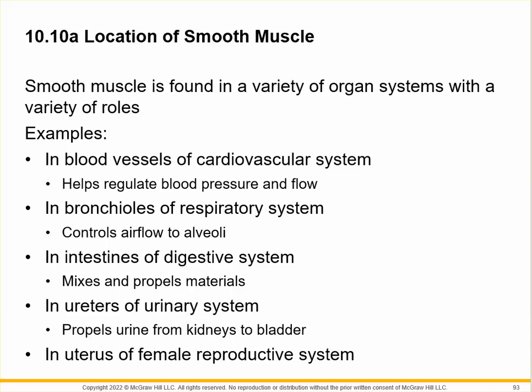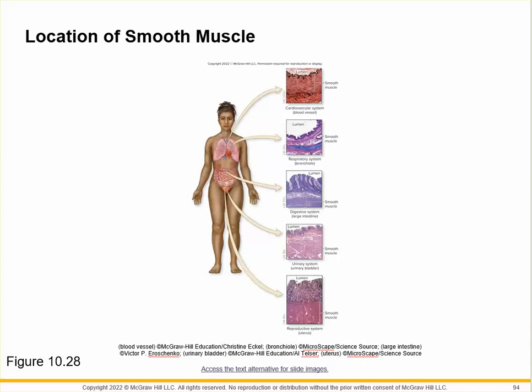Smooth muscle is in the walls of hollow organs, and it's a different thing. And again, I'm just going to very quickly look at this. So we have it in our blood vessels, in the intestines, in the bronchioles, in the ureters, in reproductive system tubes, etc., all over the body.